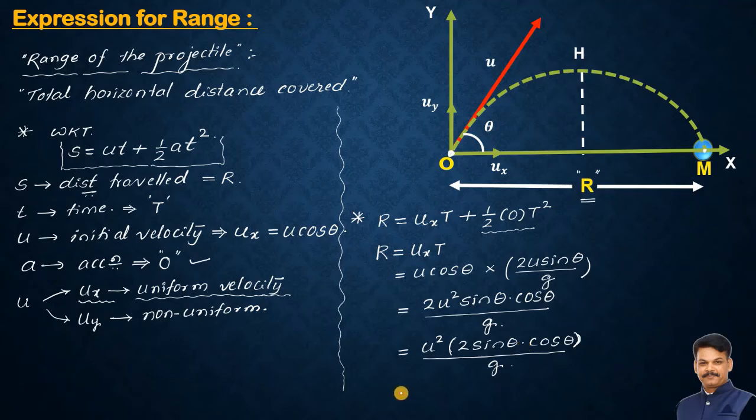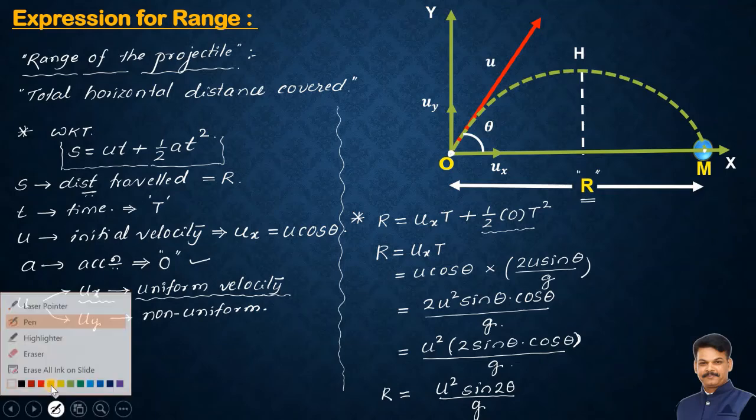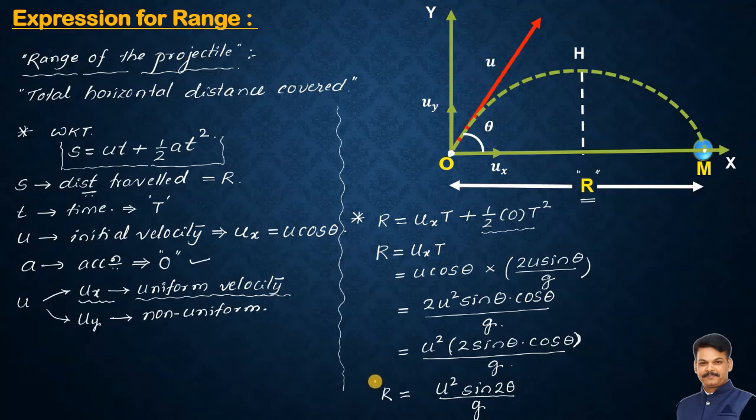So instead of those terms in the bracket, I write U square sin 2 theta, whole divided by G, and this is the final equation for the range of the projectile. Okay, it is the final equation for the range of the projectile.